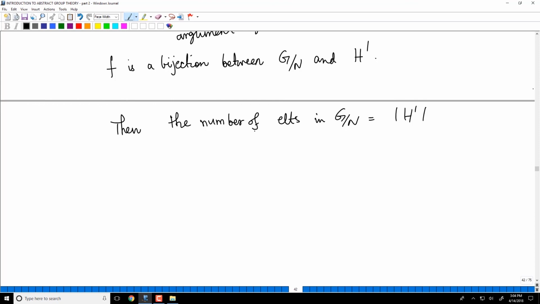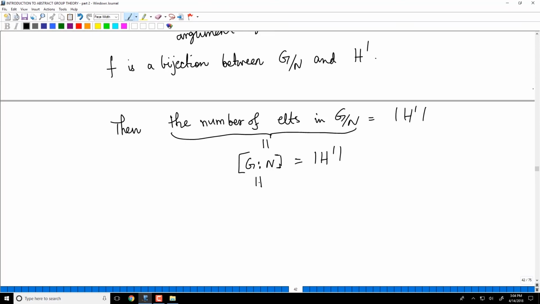But what is the number of elements in G mod N? Being the set of left cosets, it is precisely the number of left cosets of N in G, which we denote by this symbol, G colon N in brackets. So G colon N is equal to the cardinality of H prime.